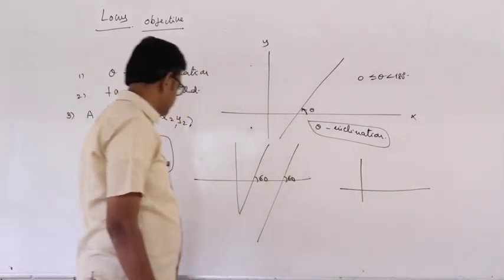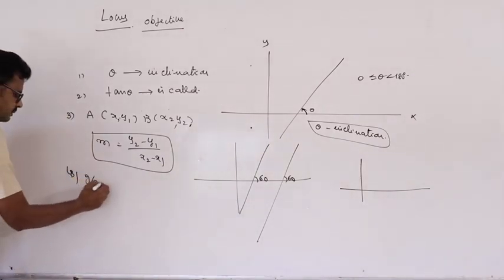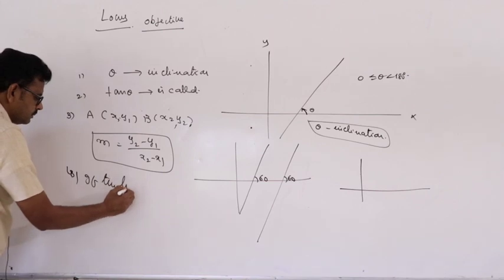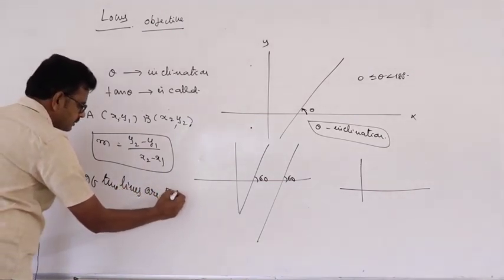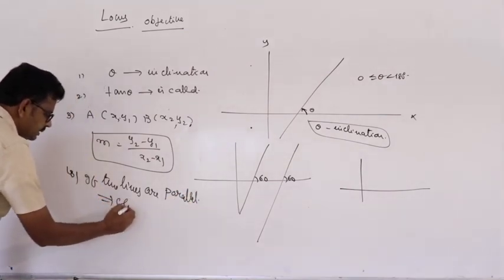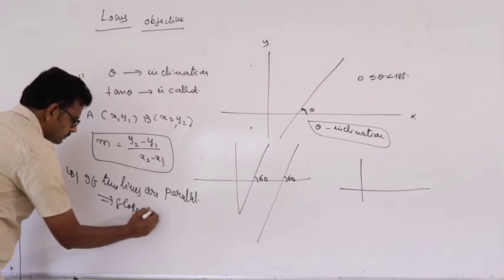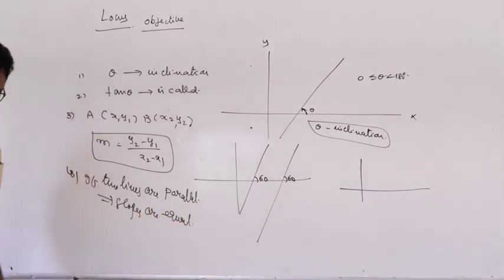See here, if two lines are parallel, implies slopes are equal.